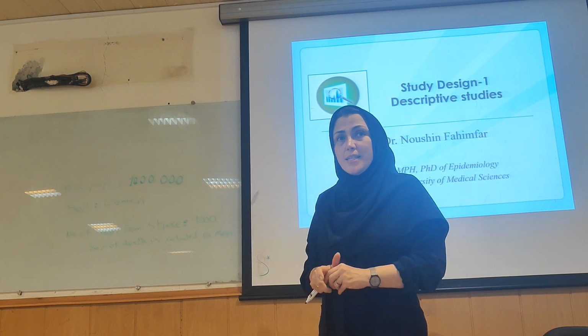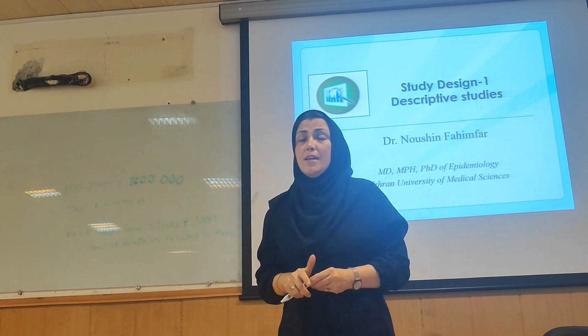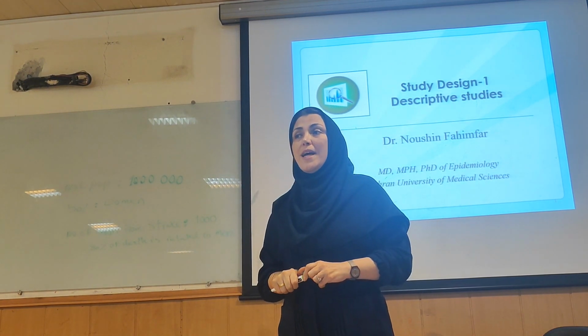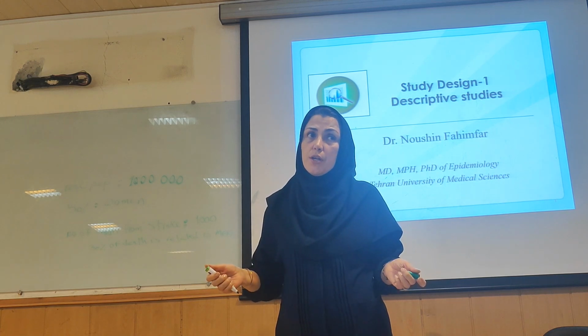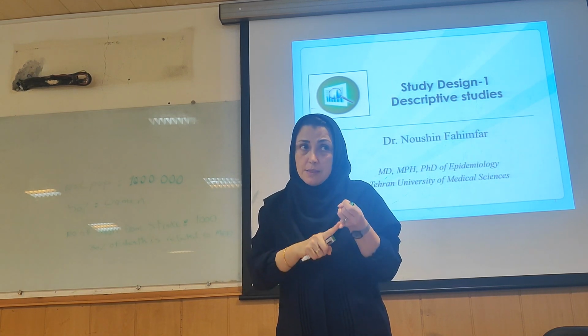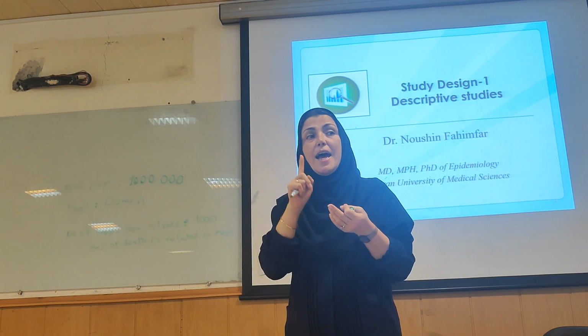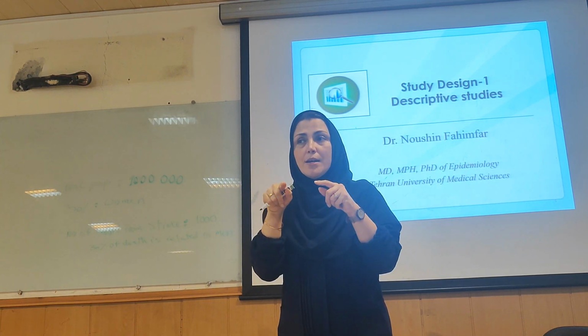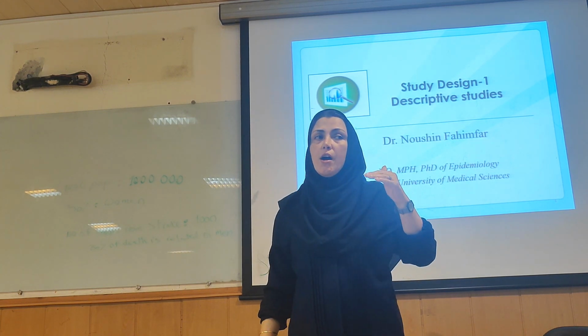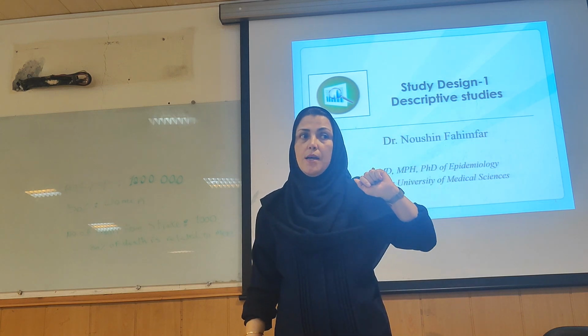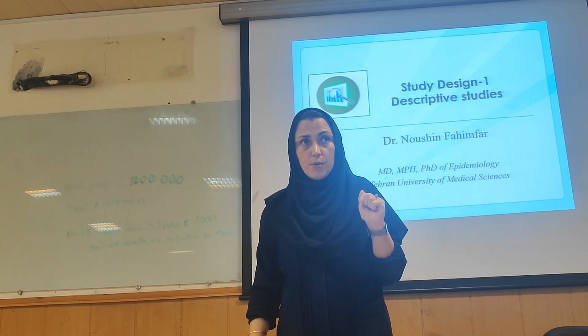If you remember, I told you that we have different types of mortality: cause specific, sex specific, age specific. I showed you a slide in which I targeted children younger than 10 years old.